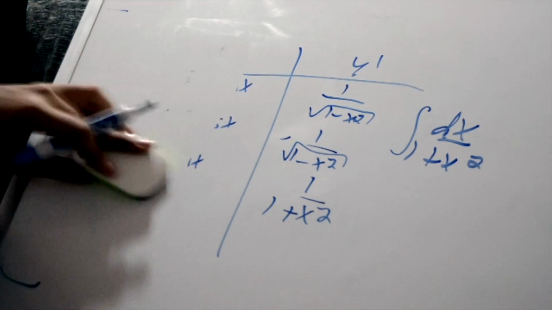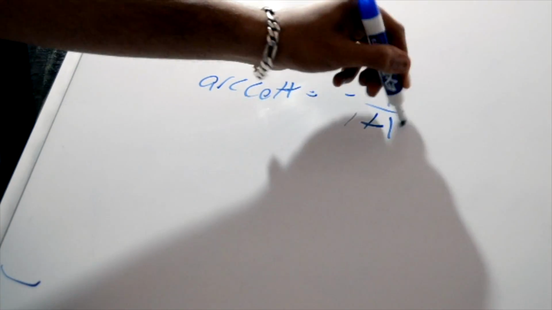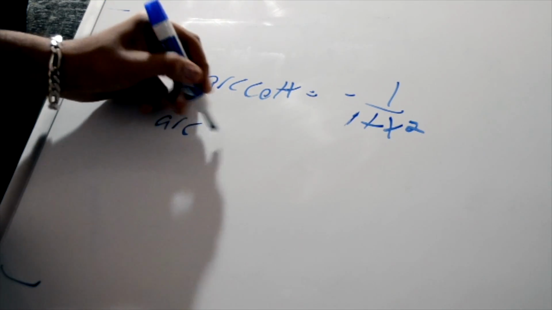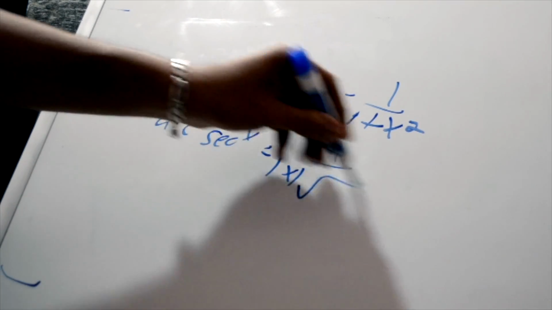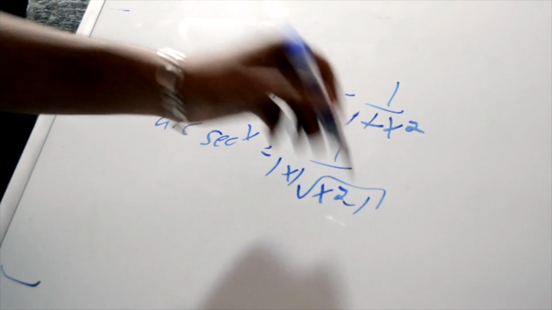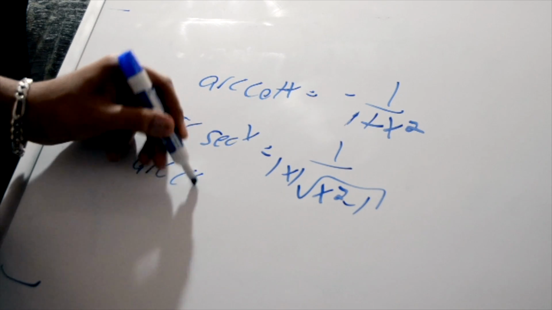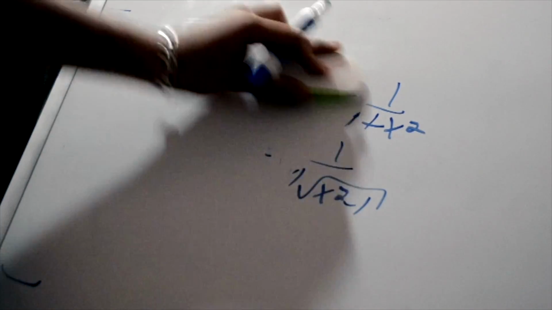Other ones they could test you on are rarely tested on the AB test, but if you want to know them: arc cotangent x is negative 1 over 1 plus x squared, which is just negative arc tangent x, and arc secant x is 1 over the absolute value of x times the square root of x squared minus 1, and negate that to get arc cosecant x. Alright, so just negate that, and let's keep on going. Integrate, you do the opposite.